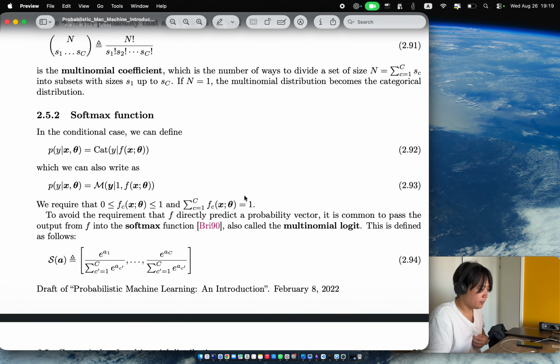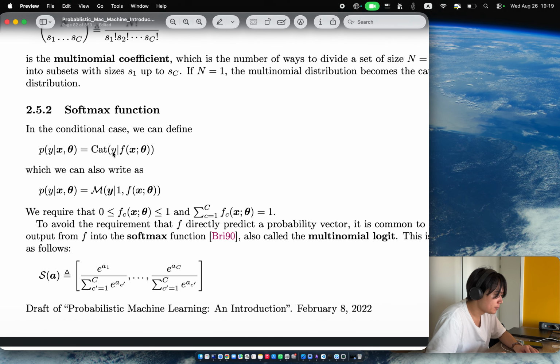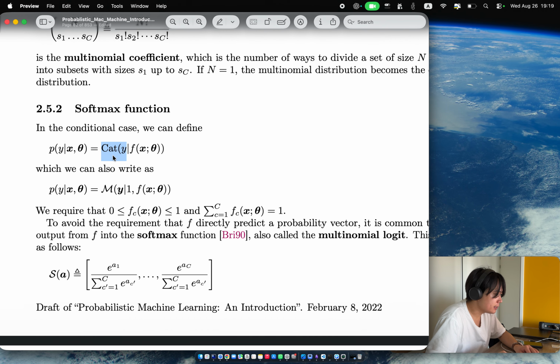Alright, the softmax function is also a very important function. You might already be familiar with it. It's the categorical distribution, and it takes the function of x and theta parameters, with y as the output.